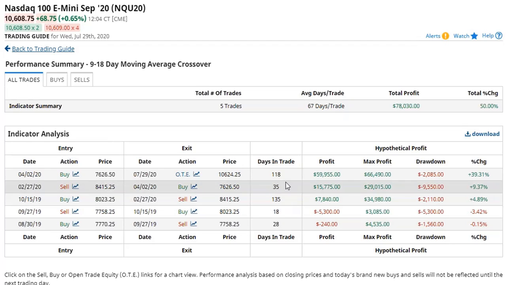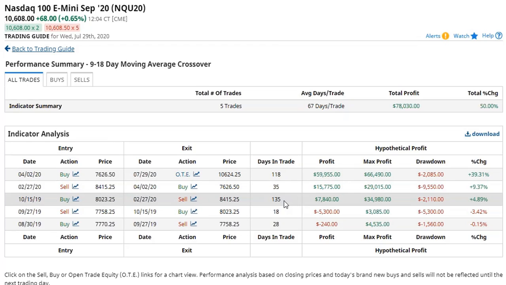Now, of those 5 trades, we had 3 winners and 2 losers. Notice that the losers are in trades a little bit less amount of time. And that's another thing we're going to discover: the longer that we're in a trade, the theory of price is that with a greater probability we're going to see a positive or some larger results.